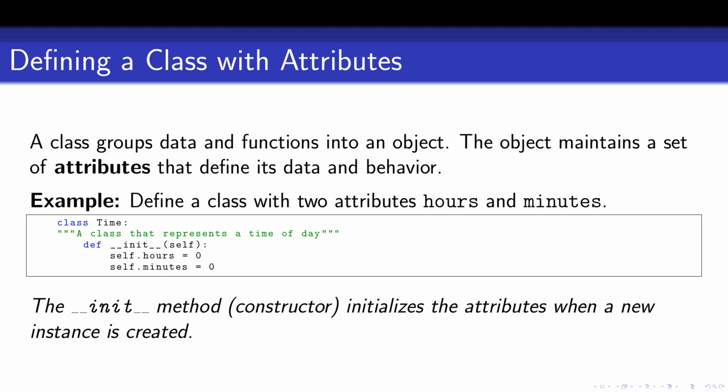For example, a Time class might define self.hours equals 0 and self.minutes equals 0 in the constructor to establish initial values. These attributes become part of the object and can be accessed or updated later. The use of self ensures that each object has its own independent data. This pattern, defining data with attributes and initializing them using __init__, is the foundation of class design in Python.